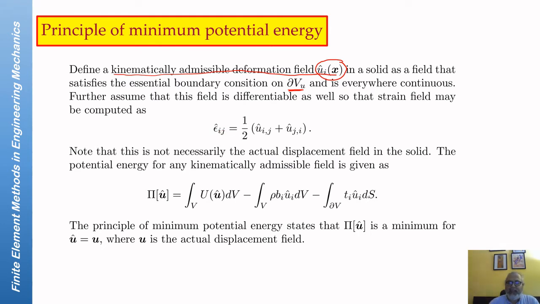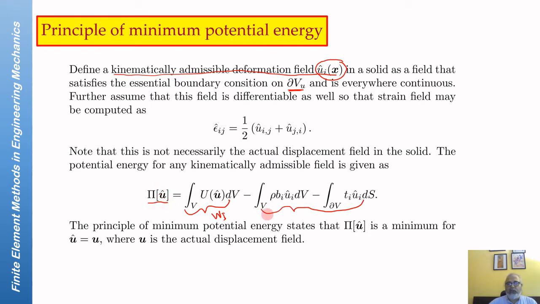Now I imagine that the body has undergone this strain, and I calculate my strain energy density based on this fictitious deformation field and integrate it over the volume to find my internal energy stored. Then the work done by the fictitious displacement on the body forces and surface tractions gives me the potential of the loads. Internal energy minus the potential of the loads is the potential energy as we have defined, but this potential energy is now for a kinematically admissible fictitious deformation field.